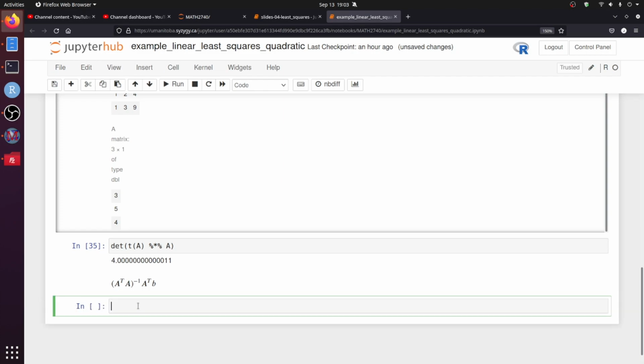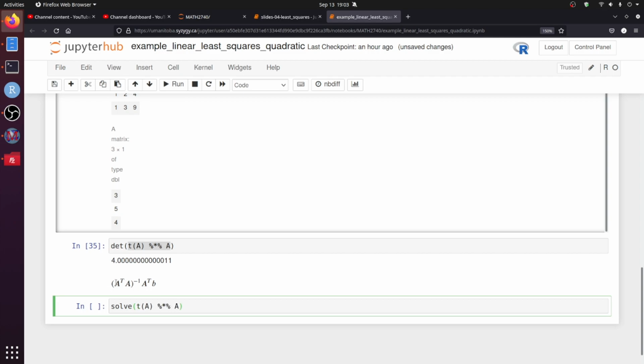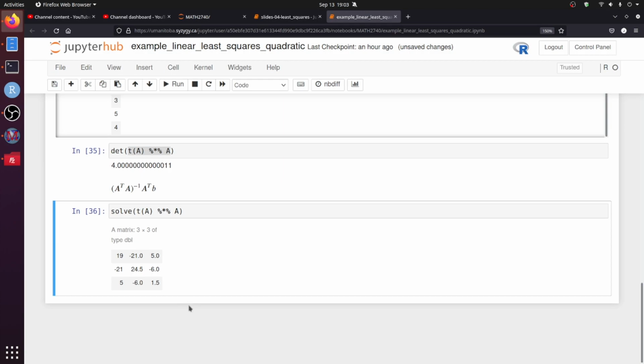I remind you what I pointed out last time: if I want to invert a matrix in R, I have to use the function solve, but without a second argument. So what I want to solve is transpose A times A. That's the A transpose A here. If I do this, I get this matrix.